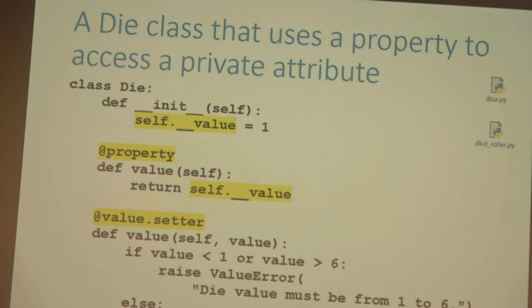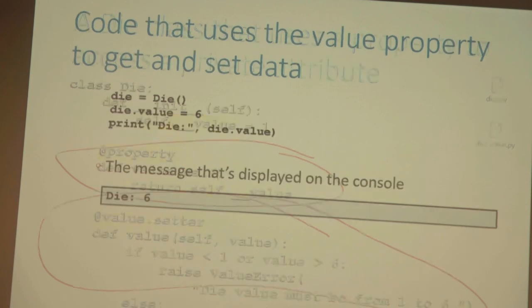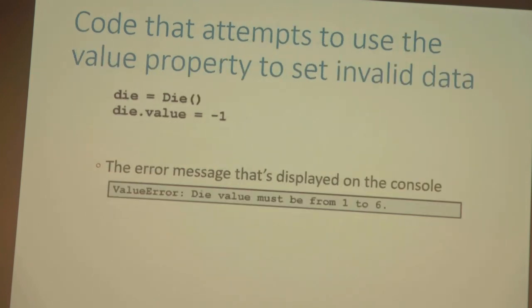So you put @property on top of the getter function, and you put the setter decorator on top of the setter function, and you can access it by the property. Anyways, you could try it out.